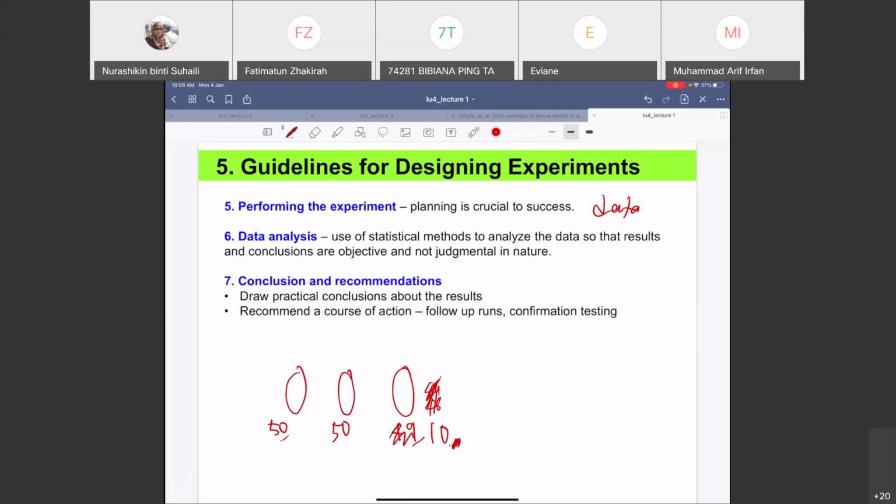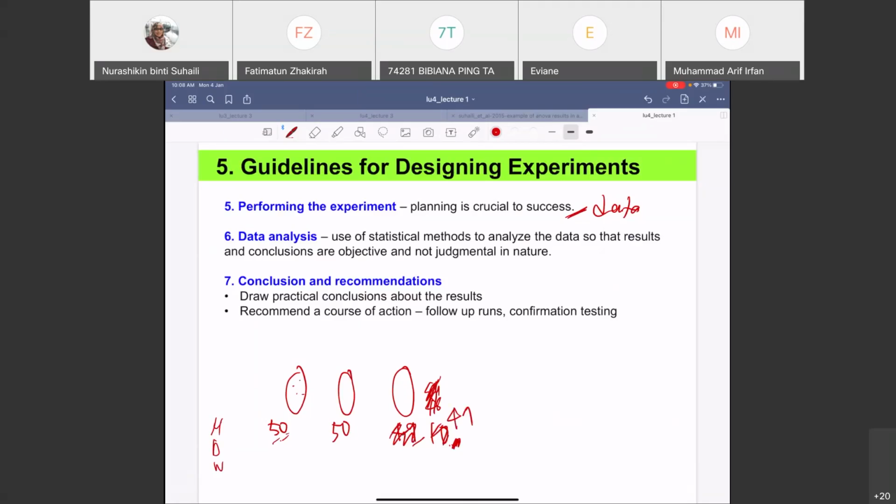Apa tadi? Data. Okay. So once you perform the experiment, you have the data, meaning to say that you have all the height, the diameter, and the weight of all the 50 beetles that you collected. So meaning to say that is like this one, you have 50 lah. I mean for height, 50 for diameter, 50.